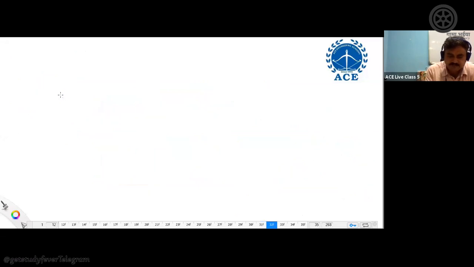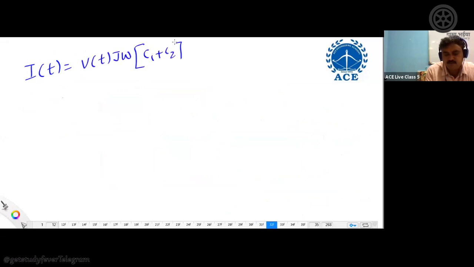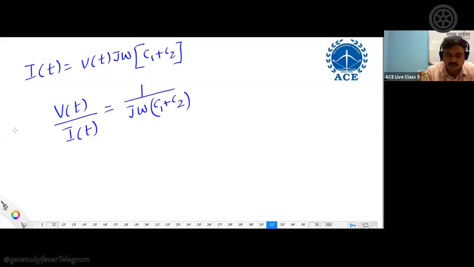We can write I of t equal to V of t into j omega times C1 plus C2. So you can express the equivalent impedance V of t divided by I of t as 1 by j omega C1 plus C2. So this is what we call the equivalent impedance seen by the source terminals.